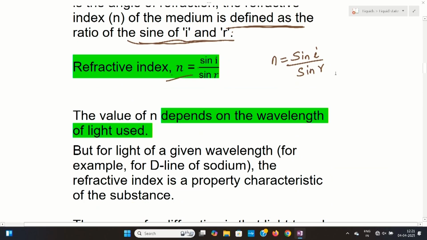I hope you understood the reason behind the reduction of speed in liquid compared to air. Once again, light has different speeds in different media. When light travels in vacuum, it has high speed.